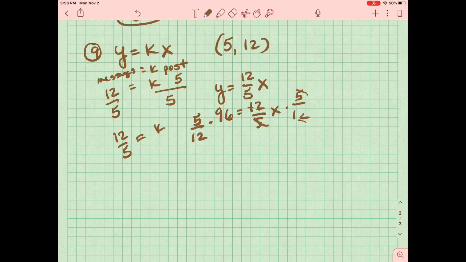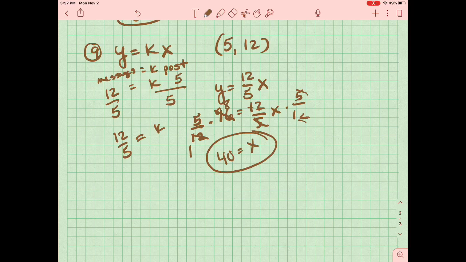And so we can use a calculator, or we can just cancel here. This is 8, and 8 times 5 is 40. So we know that we need to post 40 messages to receive 96 messages.